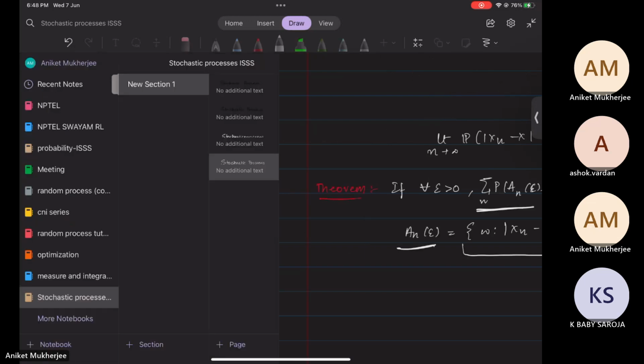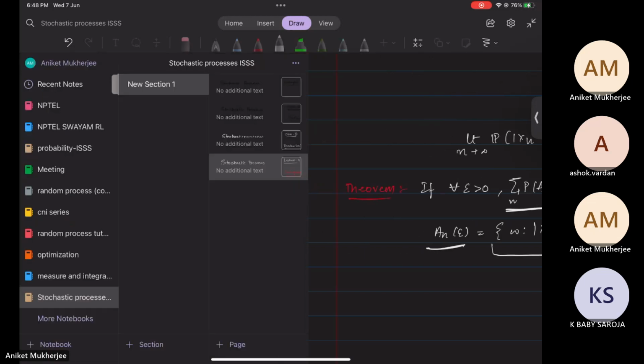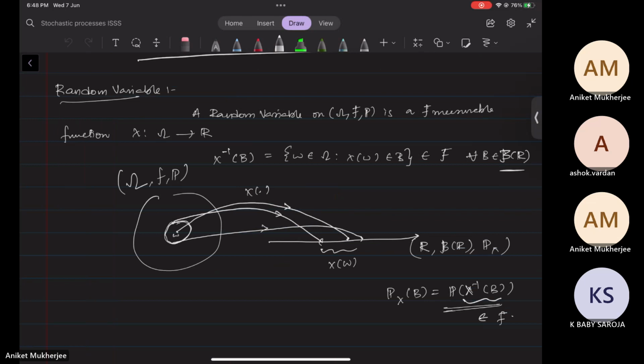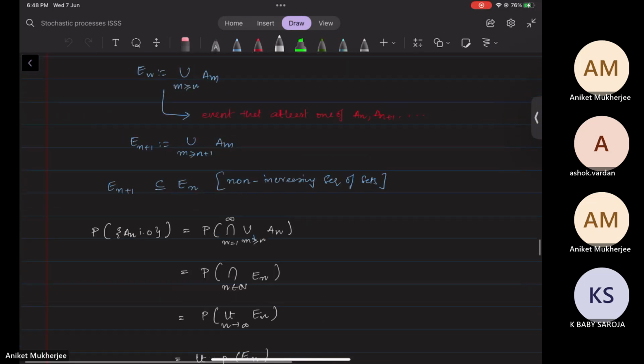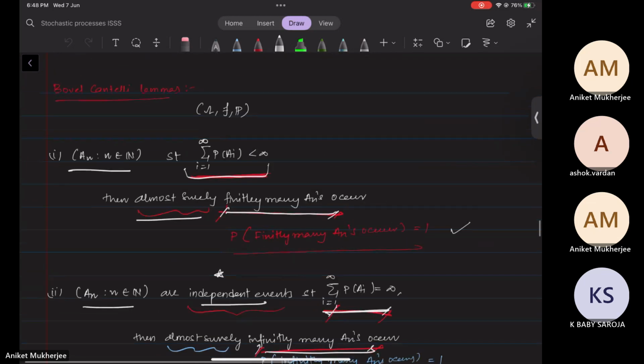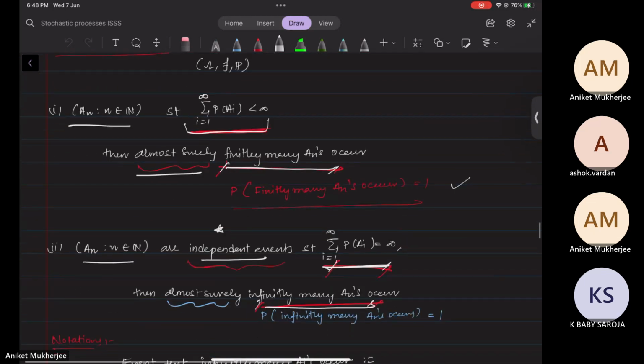For this, I think we need to go back to Borel-Cantelli. When we have a sum of probabilities of a sequence of events less than infinity, then almost surely finitely many A_i will occur.